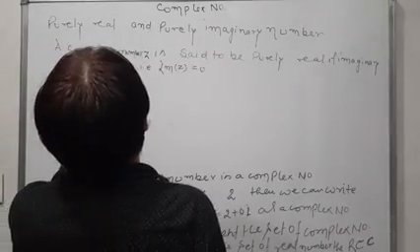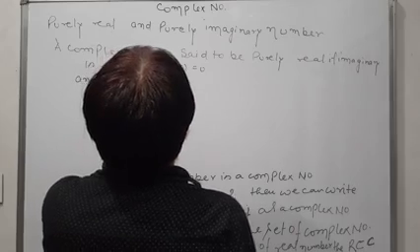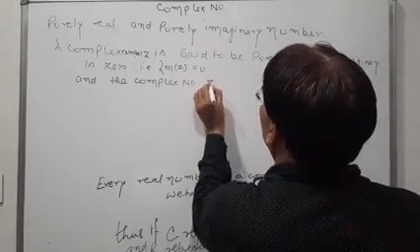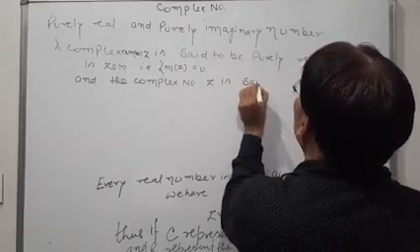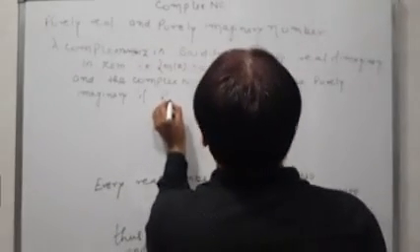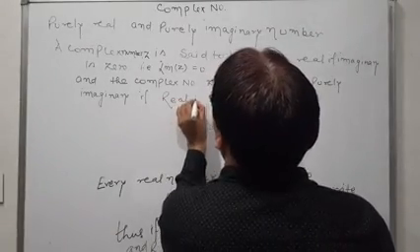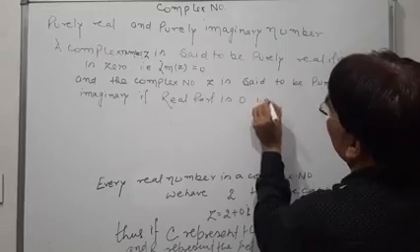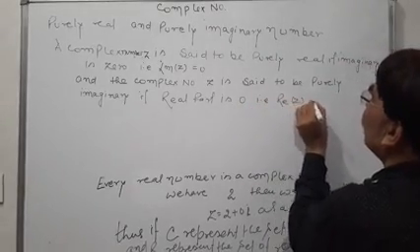And the complex number z is said to be purely imaginary if the real part is zero, that is, Re z is equal to 0.